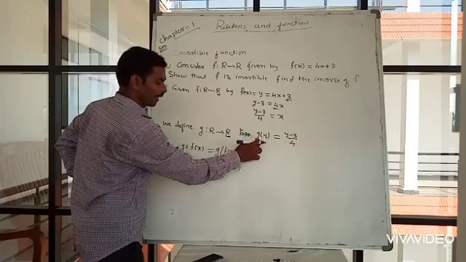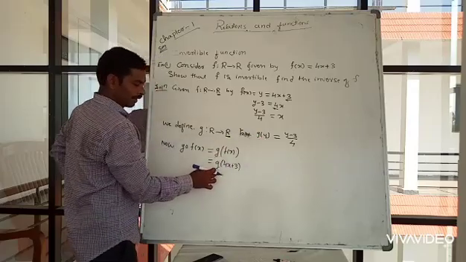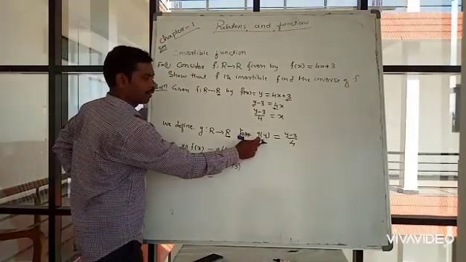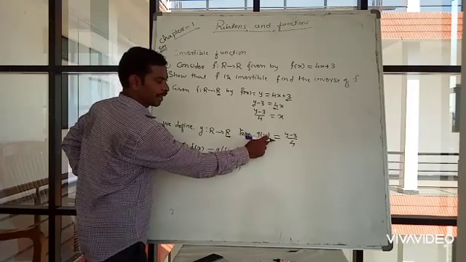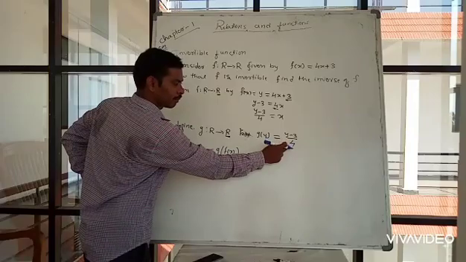Here g(y): compare these two. Here 4x + 3 is nothing but y. g(y) is defined as (y minus 3) divided by 4.